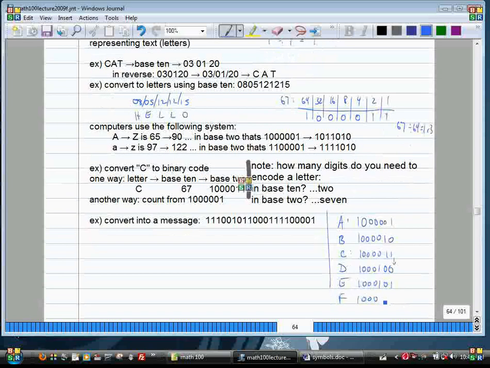And what's the next digit? Well, when we try to add a 1 to this 1, what happens? This goes to 0, and then what happens in the next place? That's going to be a 1, because it carries, if you like. It's constantly flipping. So sometimes it's easier to go from right to left.